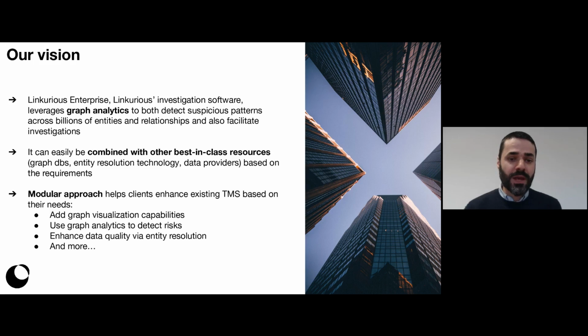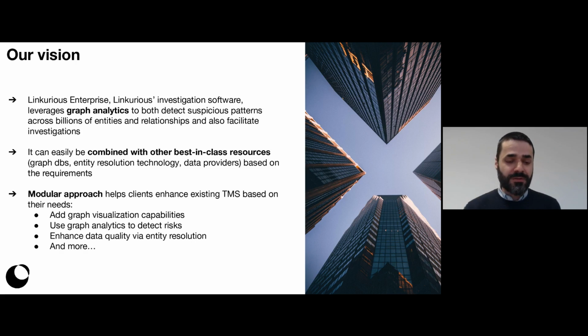Linkurious Enterprise can be combined with other best-in-class resources, such as graph databases, entity resolution technology, and data providers. It can be done on an ad hoc basis based on the specific requirements of our clients. So all of this comes down to a very modular approach, which helps clients enhance their existing transaction monitoring systems based on their needs. So it's not a scratch and replace. It's really about adding specific value to an existing setup.